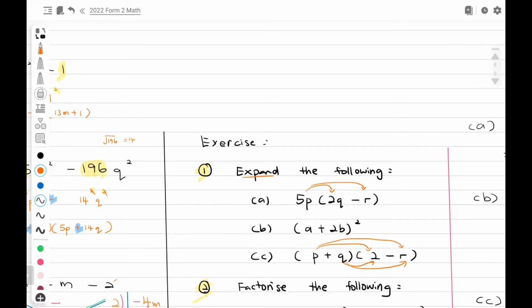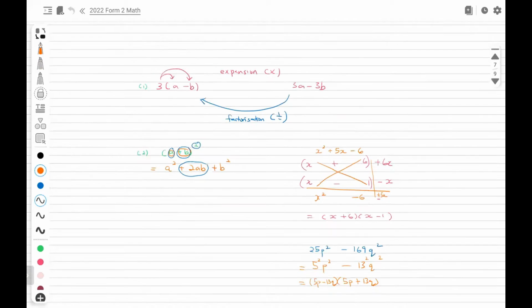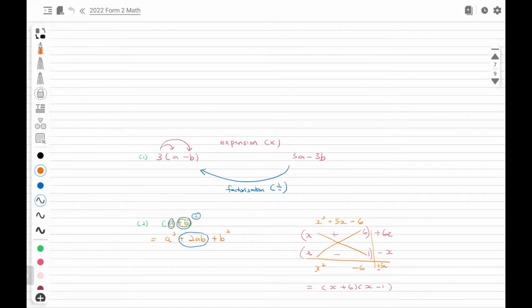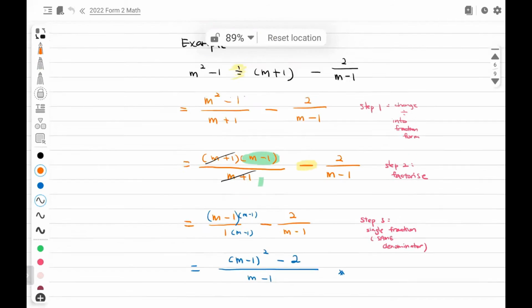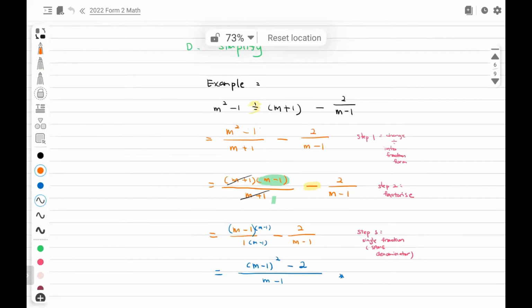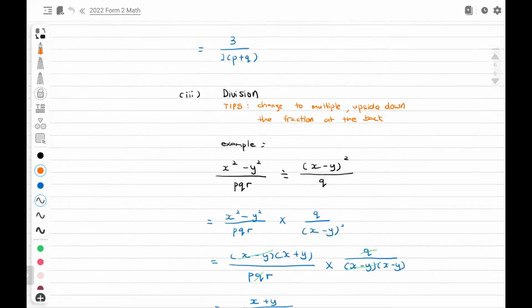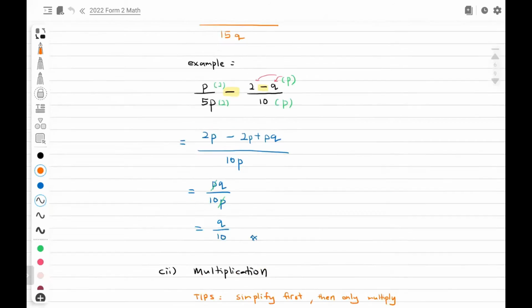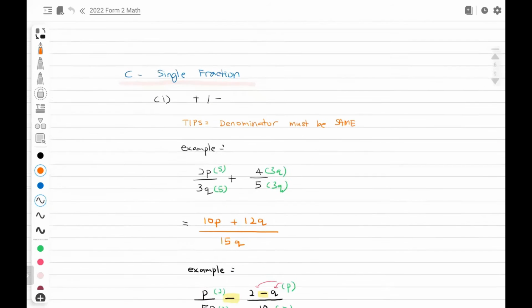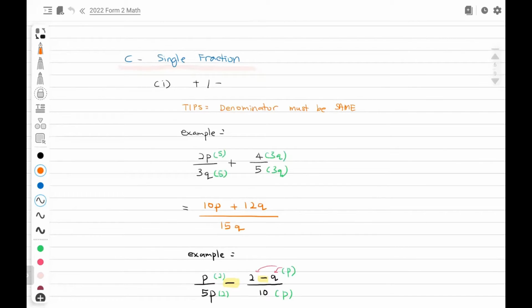So the homework done. Okay, then last week, this one I think some of you think it's confusing. So we have covered all 4 types. Single fraction. So for addition and subtraction, make sure the denominator must be the same.